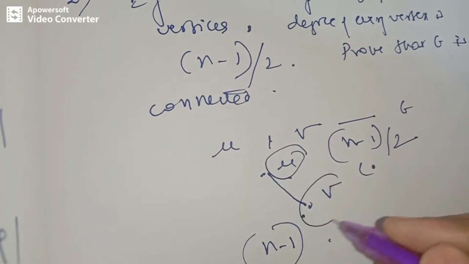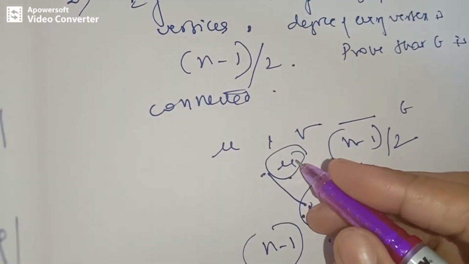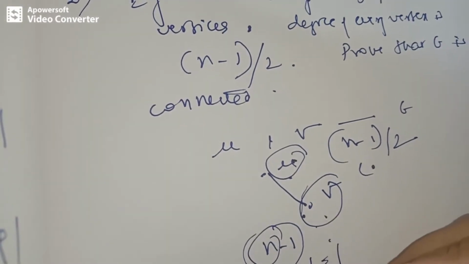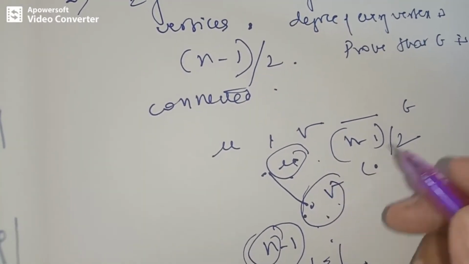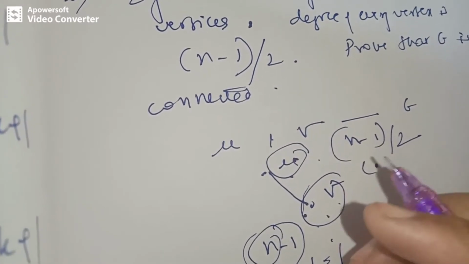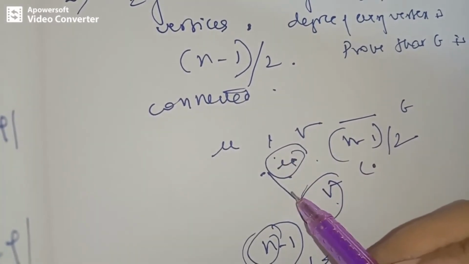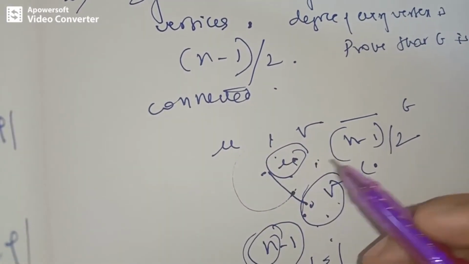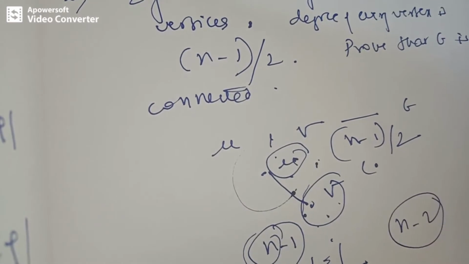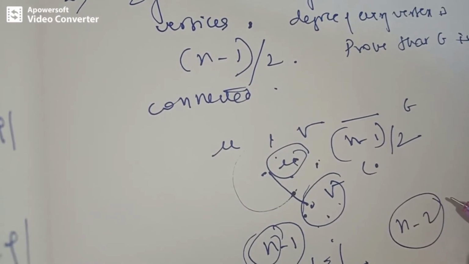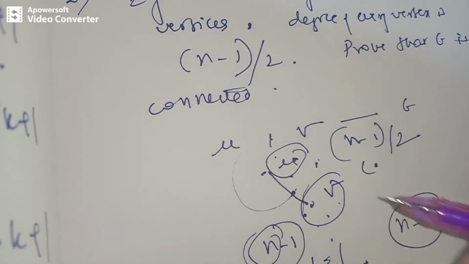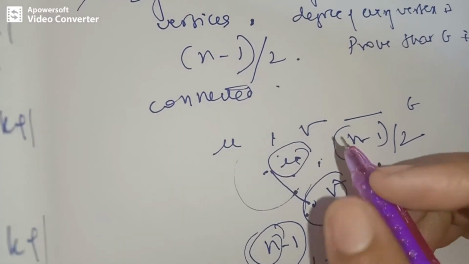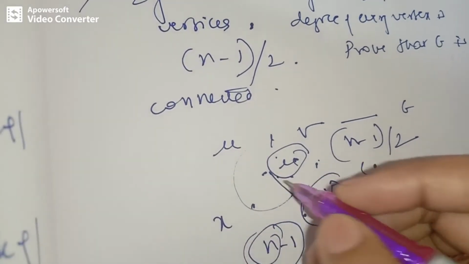That is, u will have 1 neighbor, v will have 1 neighbor, that is u. Each one of them will have at least (n−1)/2 neighbors. But since G has a total of n vertices, the total number of neighbors which u and v together can have is n − 2 at most. Therefore, at least one vertex, say x, is a neighbor of both u and v.